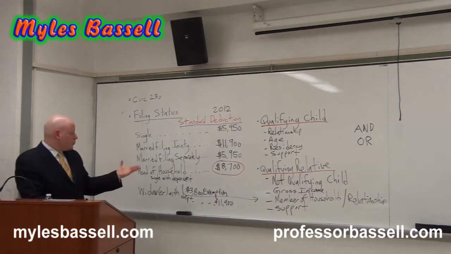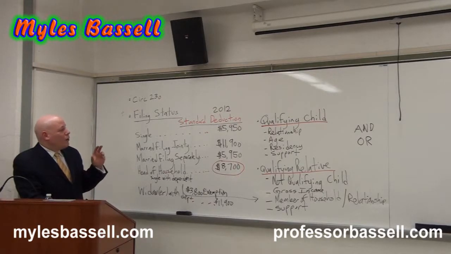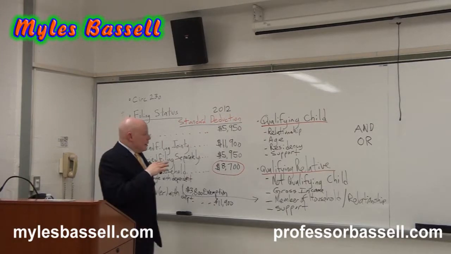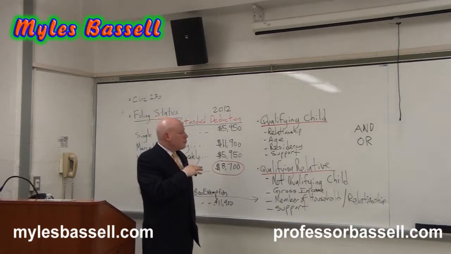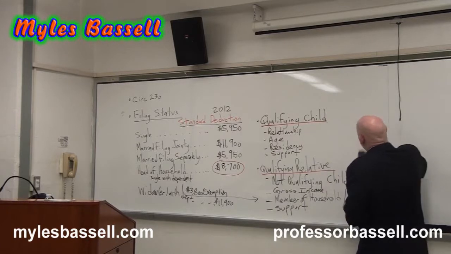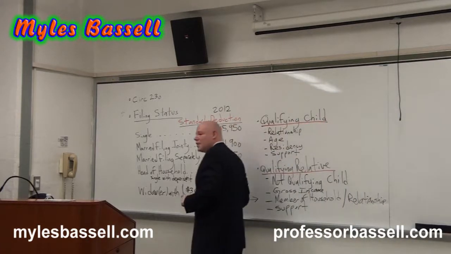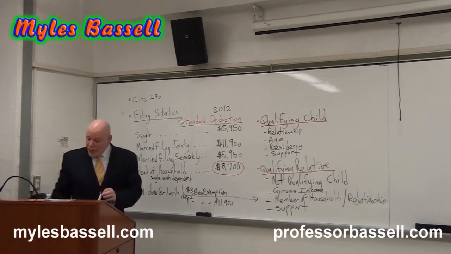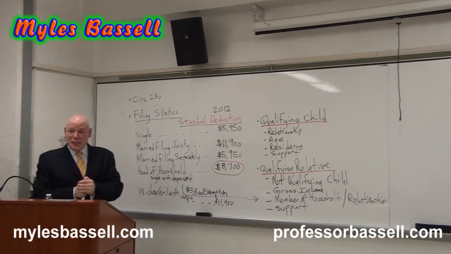So now let's look at the criteria for a qualifying person. For a dependent, if we're going to claim them as a dependent, which very often when people are filing their taxes, they're looking for dependents, right?